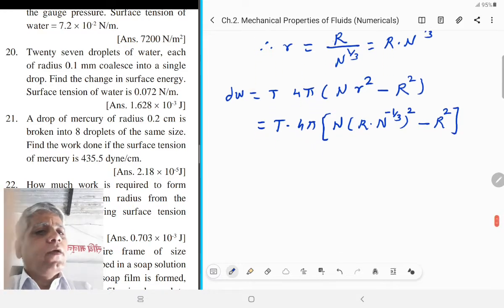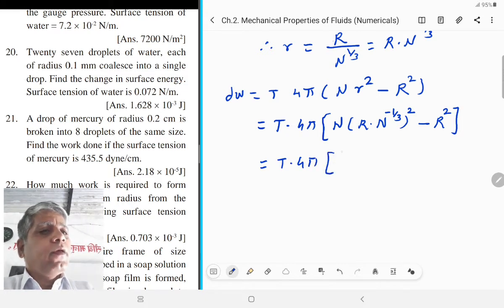Now this is equal to capital T into 4 pi into n into R square into n raised to minus 2/3 minus R square.